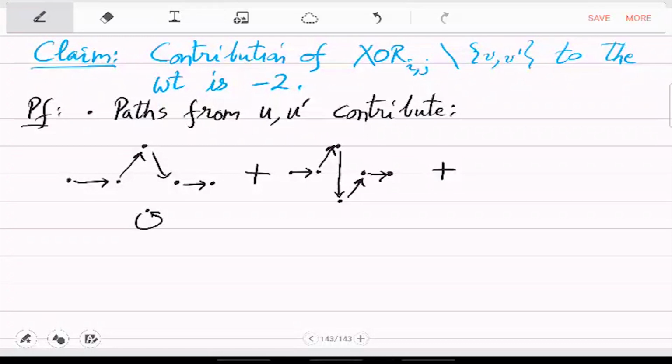Okay, this is also a path from UU prime where all the weights are 1 except this being 2. Or you can go down. So that's 3 and there are 3 more. Okay, let's quickly finish them.